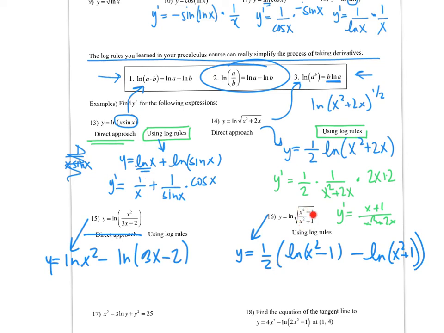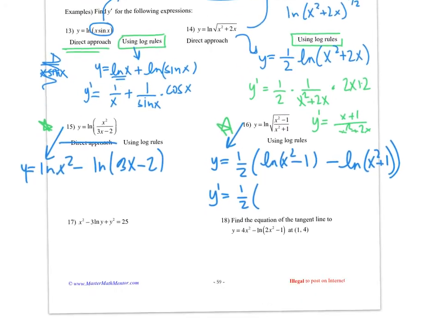And then we took this quotient and separated it as the difference of the logs: ln of x squared minus 1 minus ln of x squared plus 1, and 1/2 is multiplying all of this. Now when I derive, I've got my constant coefficient of 1/2, and I'm going to do 1 over u du minus 1 over u du. So I want you to try those on your own, and you'll check your answers tomorrow.